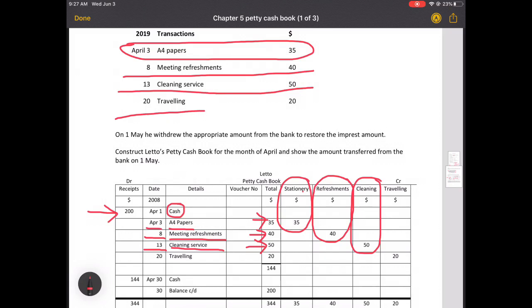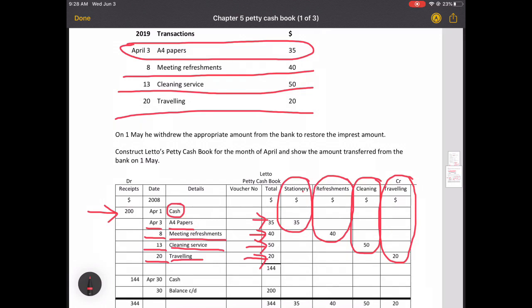Lastly, the traveling for $20 on April 20. The date is April 20, the detail is traveling, and it will be recorded in the traveling column. Again, there's only one transaction, so the total will also be $20.